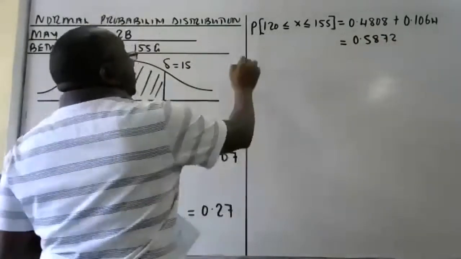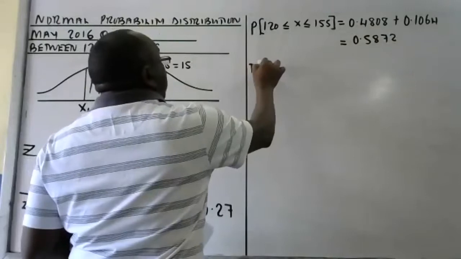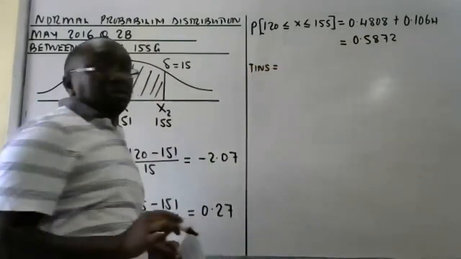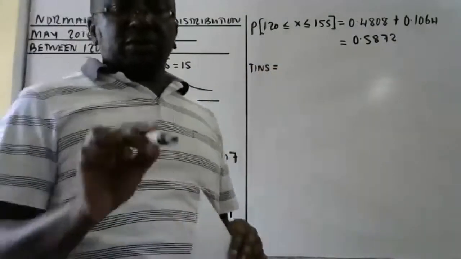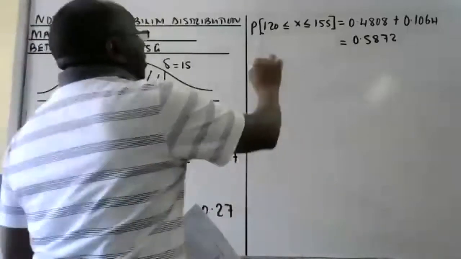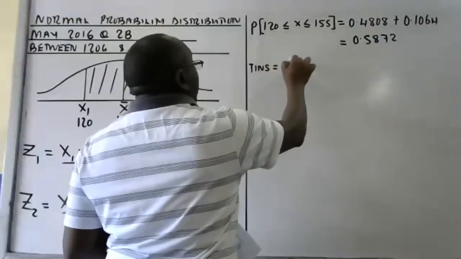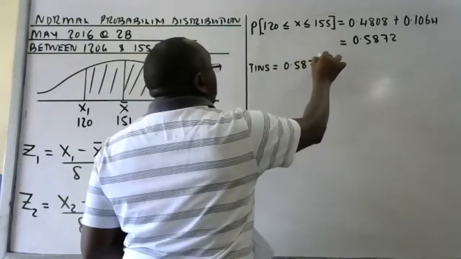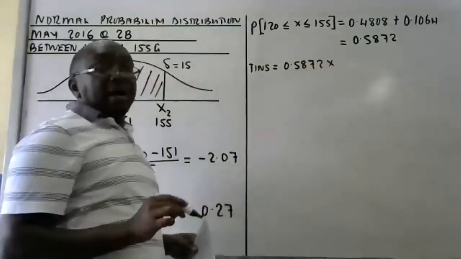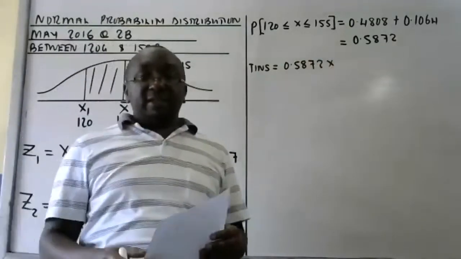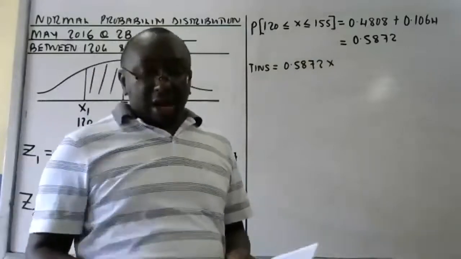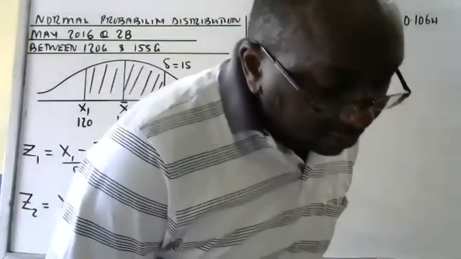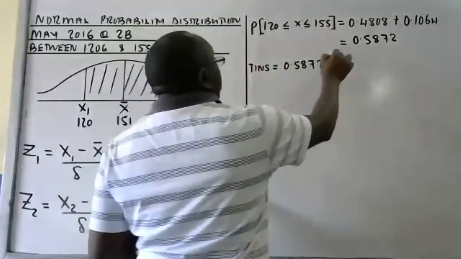So the number of tins, if you are now told to tell us the number of tins, what you do, you take this probability 0.5872 multiplied by the total number of tins. The total number of tins in our question is 500.